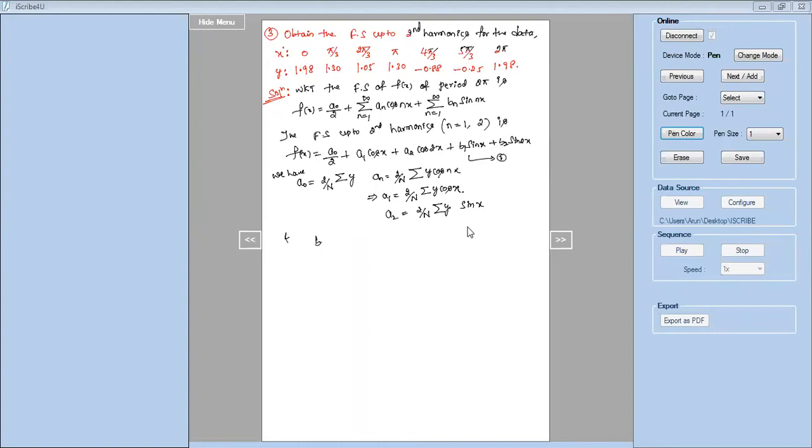Bn equals 2 by cap letter N into summation y sin nx. So b1 equals 2 by cap letter N into summation y sin x, and b2 equals 2 by cap letter N into summation y sin 2x. Sorry guys, here I made a mistake. Just a minute, I'll erase.